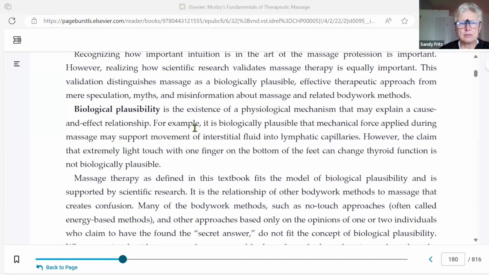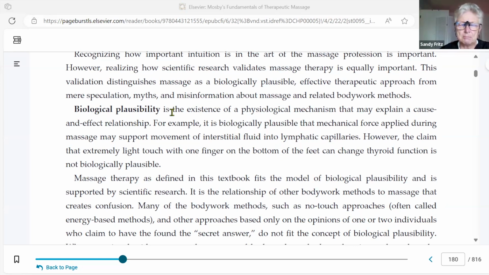So then there's an example here. It is biologically plausible that mechanical force applied during massage may support movement of interstitial fluid, that's the fluid around the cells, into lymph capillaries. That is not solidly proven by research, but it's biologically plausible. That's an example of what that is.